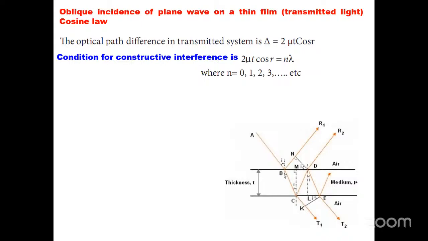We have calculated the cosine law for reflected light. Now the concept related to the Poisson law is for the transmitted light. But if the examiner asks whether it is transmitted or reflected light, based on that, you just draw the diagram and give the answer.